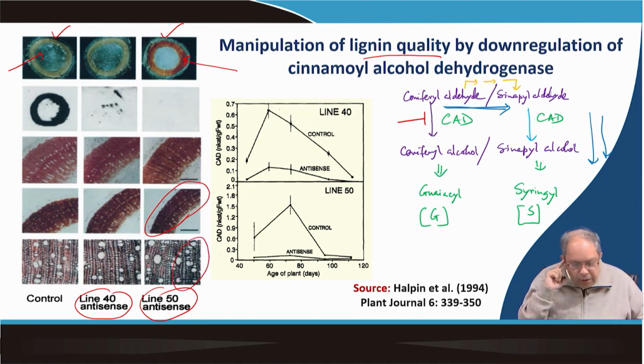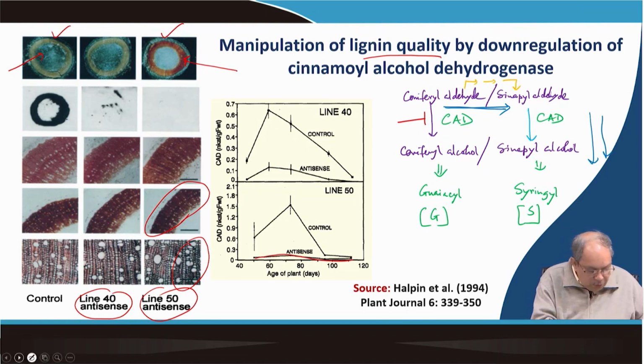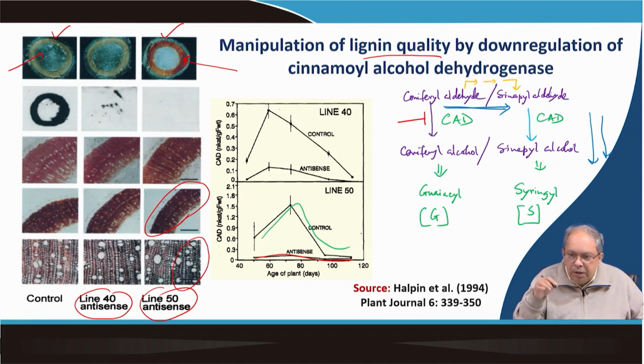When they checked the CAD activity, you see in the antisense line the CAD activity is minimum compared with the control. That means indeed CAD suppression occurred, and as a result there were changes in the lignin quality, which is reflected from the cross section viewed under the microscope with different staining.